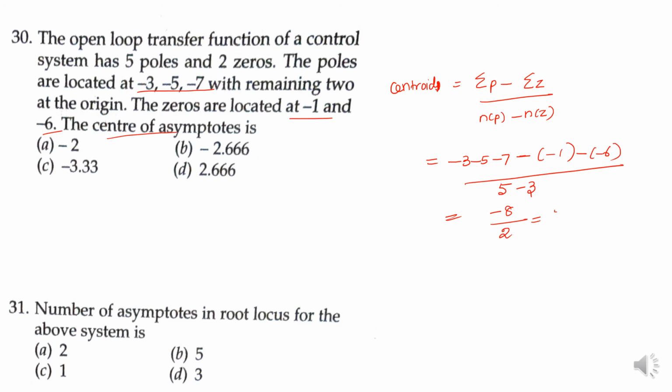Sorry, 5 minus 2, that is 3, not 2. So minus 8 by 3 is minus 2.66. That is the correct answer. Option B is correct.